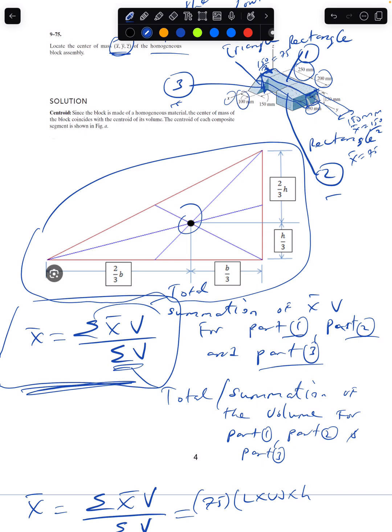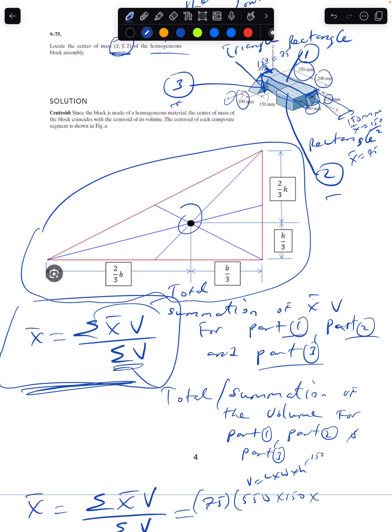So you have a length of 550. Remember, volume is equal to length times width times height. What is the width? The width is 150 times 150. And what is the height?